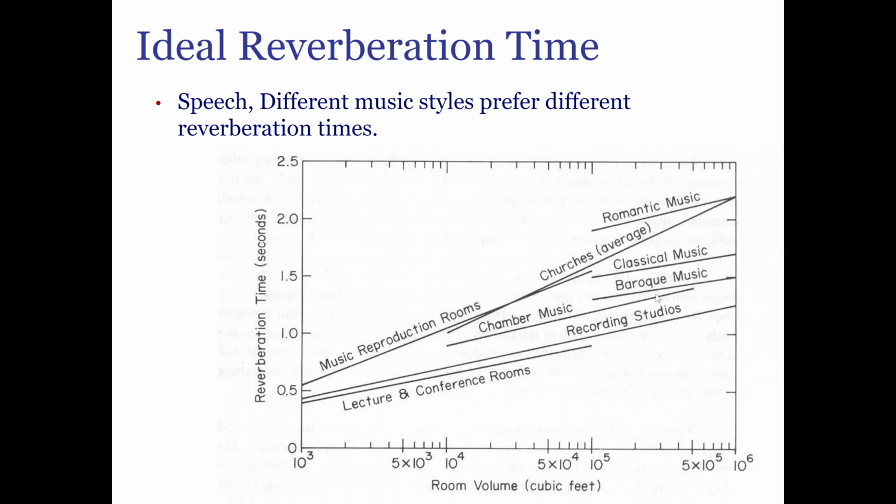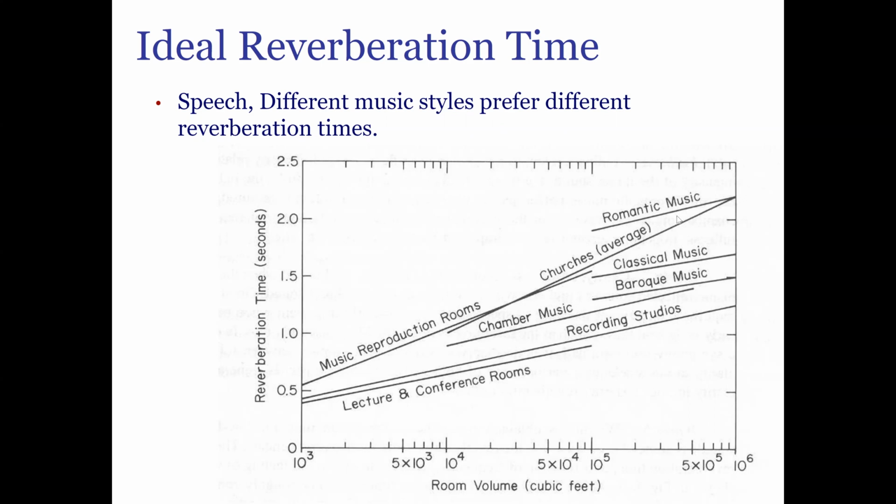And then you can see for different eras of music, there are different corresponding reverb times that are ideal. That just has to do with the nature of the rooms that the music was composed for. Chamber music was played in certain rooms. They had characteristic reverb times. And so it is going to sound better in rooms that match these reverb times.